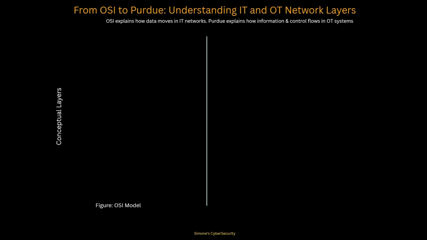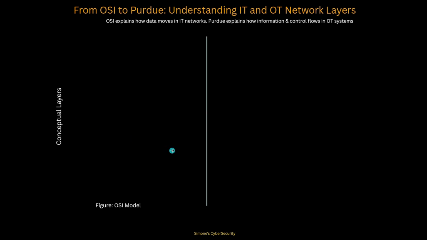We are all familiar with the OSI model. It is one of the best ways to visualize how data travels between systems in IT networks. In brief, the OSI model breaks network communication into 7 conceptual layers, making it much easier to see where different protocols and devices fit in the IT network.